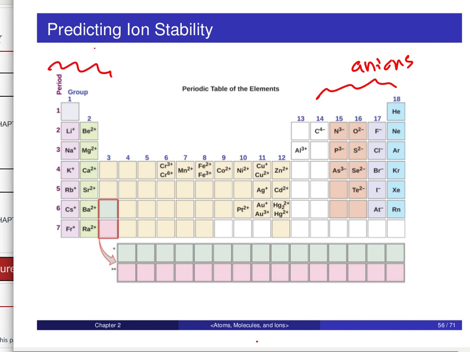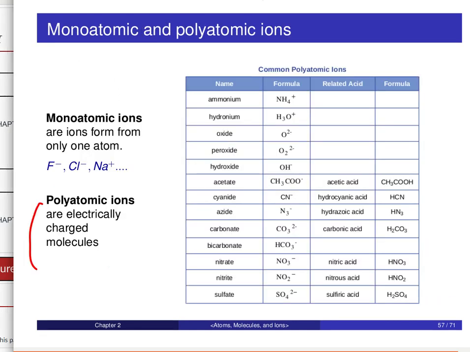Over here on the left-hand side, we'll tend to find cations, which will be losing electrons to look like that noble gas. And we saw how ions can actually form in the context of molecular species. So you can have groupings of atoms that all come together and have a non-zero net charge. And we saw a list of common polyatomic ions right here. And remember that I asked you to go ahead and memorize these.